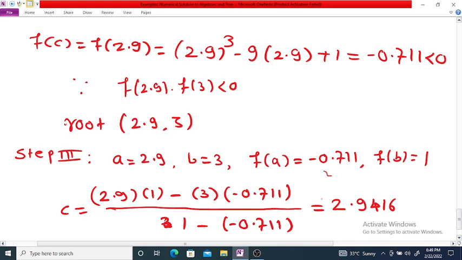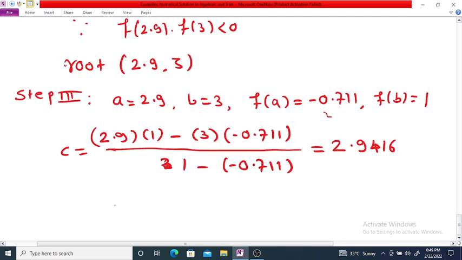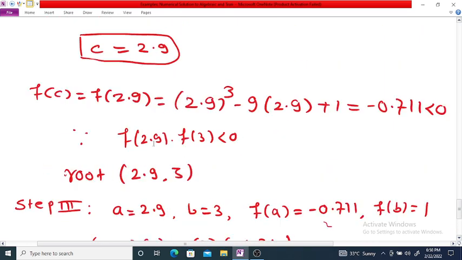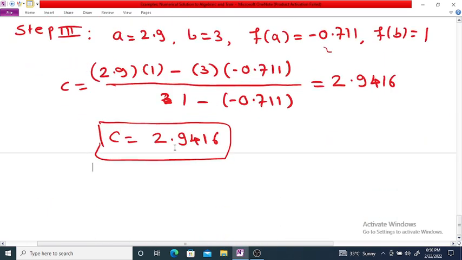Now this value of c is 2.9416. If we compare this value of c with the previous value of c, you can see that the two values of c are correct up to 1 decimal place, but we want our answer to be correct up to 3 or 4 decimal places.